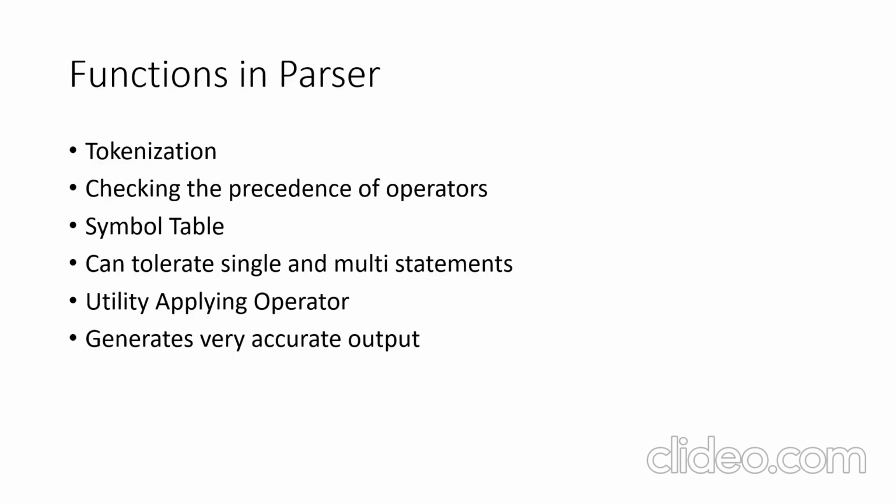Third, the symbol table. It manages the whole data in a symbol table. Number four, my parser can tolerate single and multi statements. Single and multi statements means when you give a single input, it will parse this and give you the result, and if we give multi statements, it will also parse these multi statements and provide us the result.